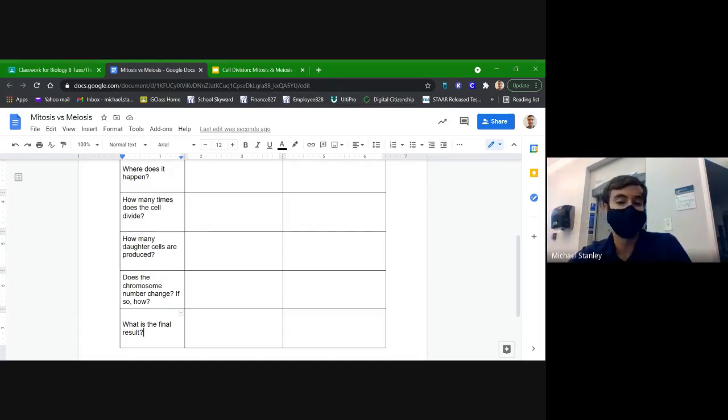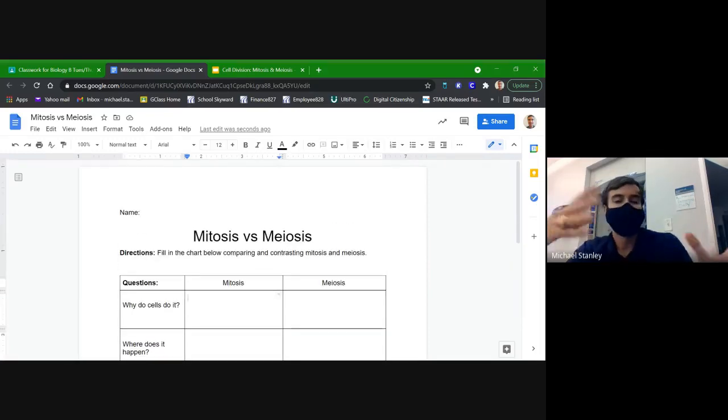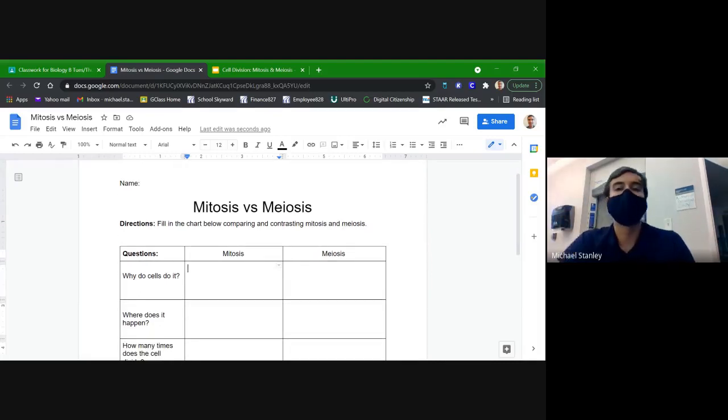What do your final products look like? So again, you don't have to write paragraphs and paragraphs in here. If one sentence or one phrase or one word best describes what's going on in mitosis versus what's going on in meiosis, then that works fine for me.